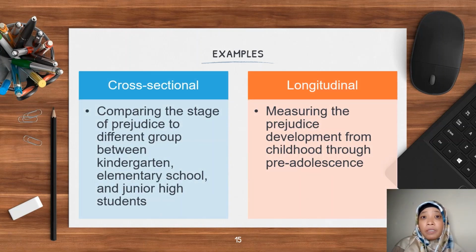Another example: in cross-sectional, if you want to see the development of prejudice across the lifespan, you will compare the level of prejudice between different groups, such as kindergarten, elementary school, and junior high students. For the longitudinal, you would follow them and measure prejudice development from childhood to pre-adolescence.